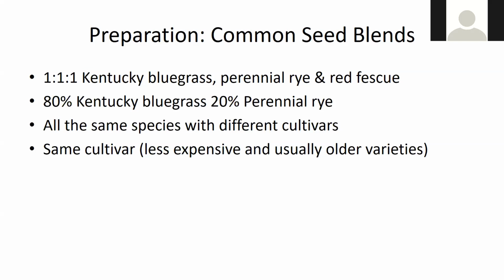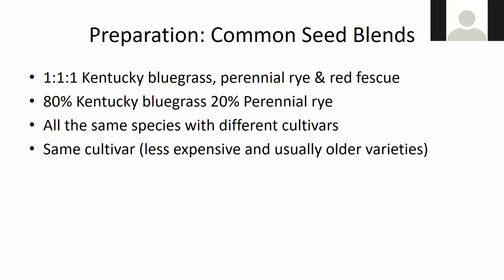So you'll get more fescues in the shady areas, a little bit more rye in heavier traffic areas, and Kentucky bluegrass elsewhere. And so we've gone to more using an 80-20 mix with Kentucky bluegrass and perennial rye. And what will happen is, theoretically, the Kentucky bluegrass chokes the rye out.